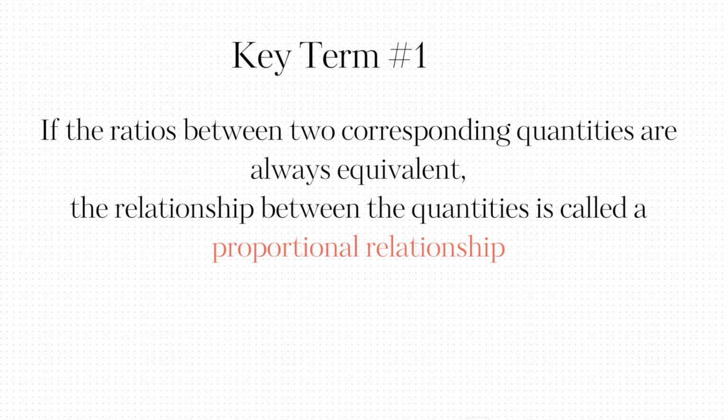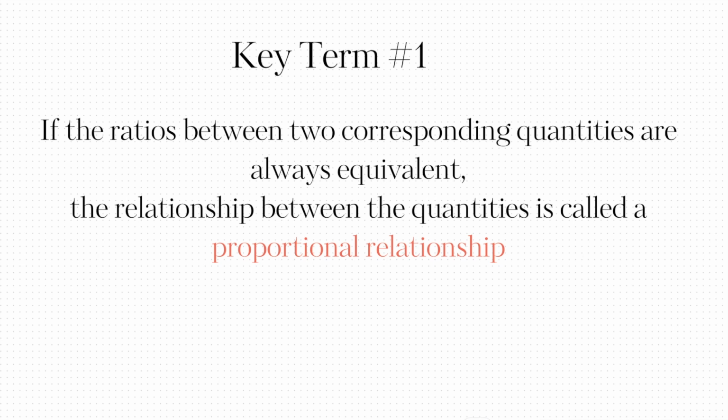Now with that said, there's a key term you gotta know. Actually, there's two key terms we're gonna review. The first one is called proportional relationship. Notice it's in red. If the ratios between two corresponding quantities are always equivalent, the relationship between the quantities is called a proportional relationship. So let me show you what I'm talking about.